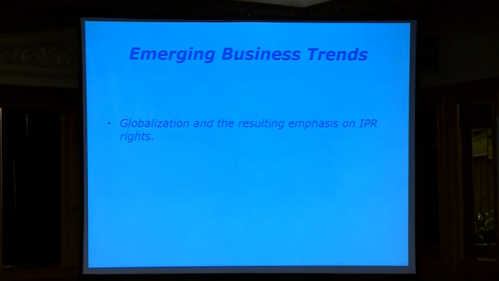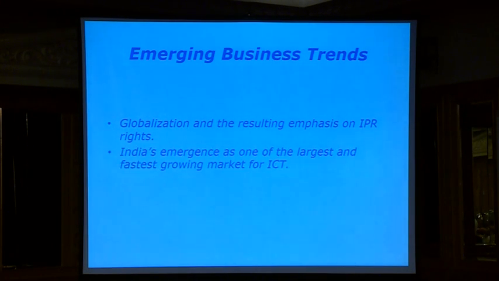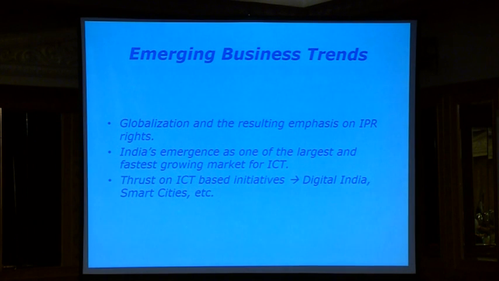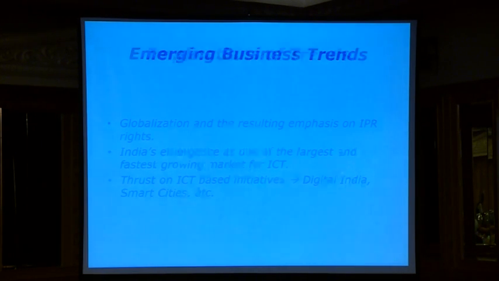If you look at the emerging business trends, there's globalization, resulting in emphasis on IPR rights being respected. There's also India's emergence as one of the largest and fastest growing markets for ICT. So that's the other side of it. Looking at all this, and the thrust that is based on ICT because of initiatives like Digital India, smart cities, and so on, all this also has to enter the picture.